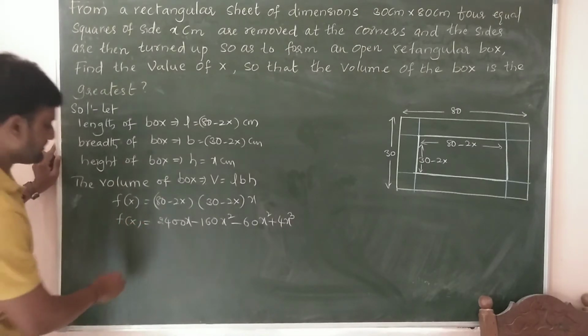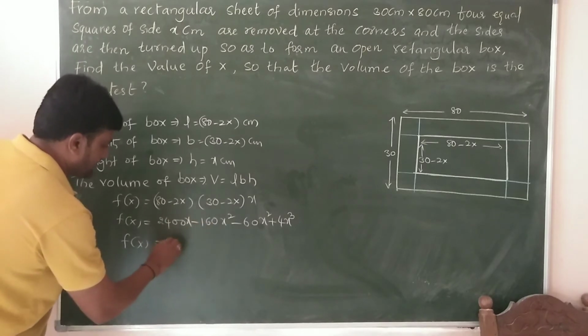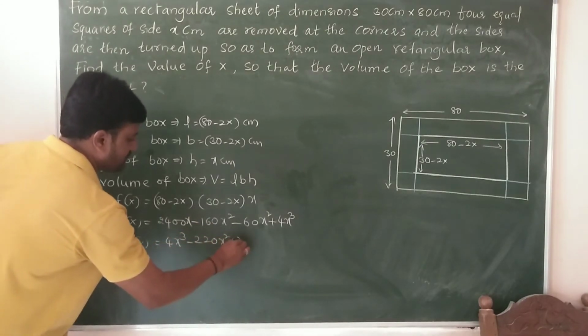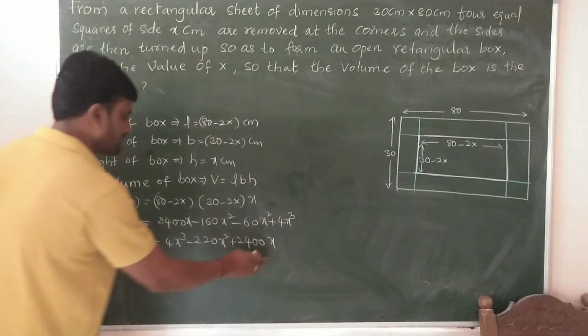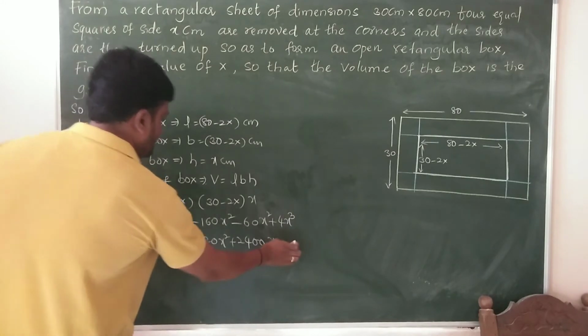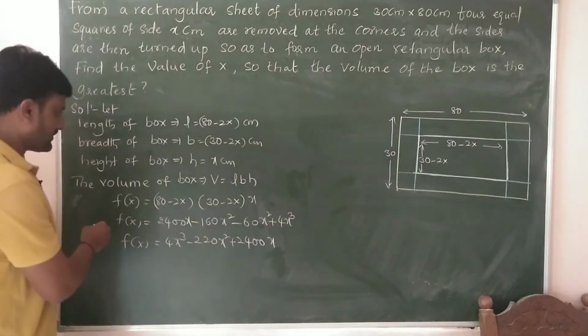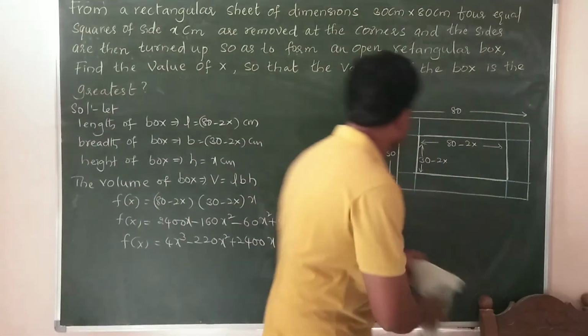Let us simplify. f of x equals 4x cube minus 220x square plus 2400x.